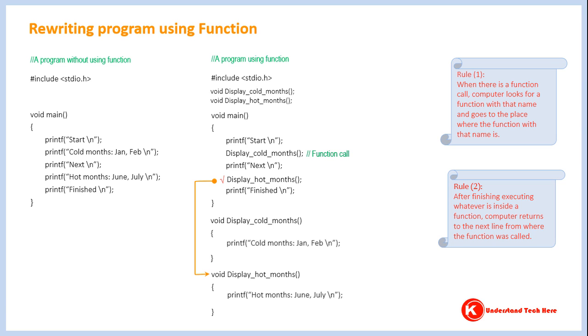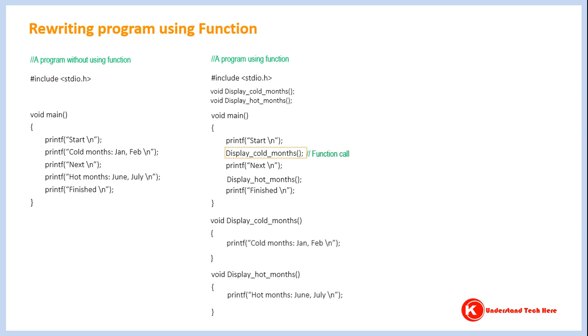Now inside function display hot month, there is only one line. Computer executes this line and computer returns to this point. So this is how function execution occurs. Remember, functions has three main parts: call, definition, and prototype. So this part is function definition, function call.